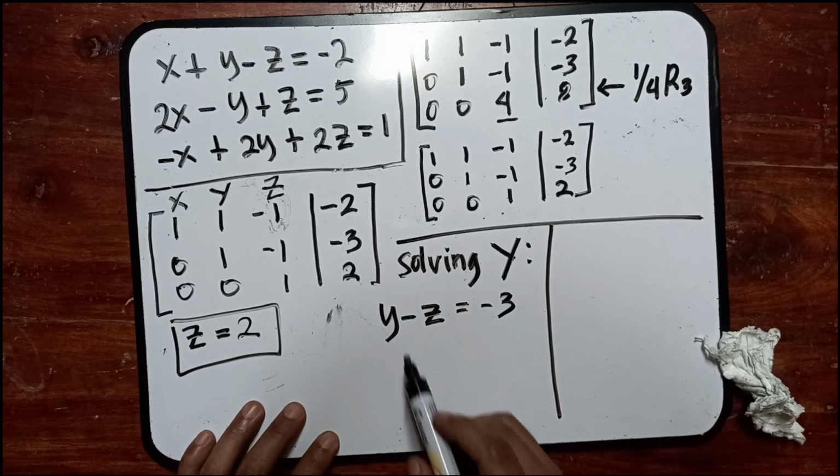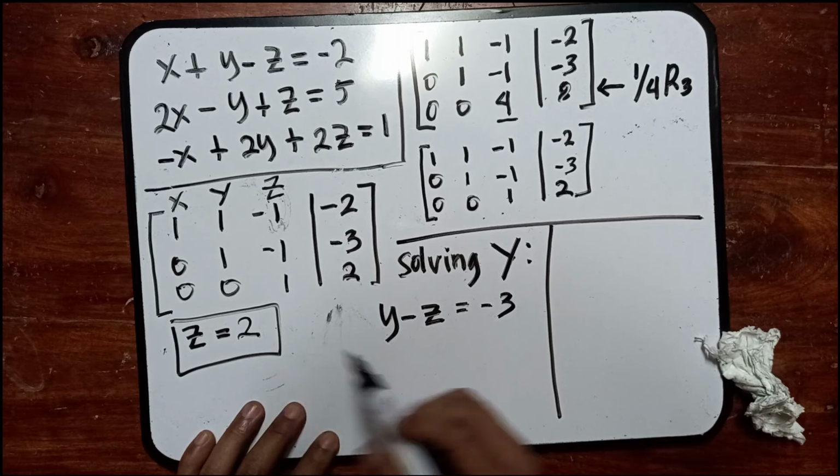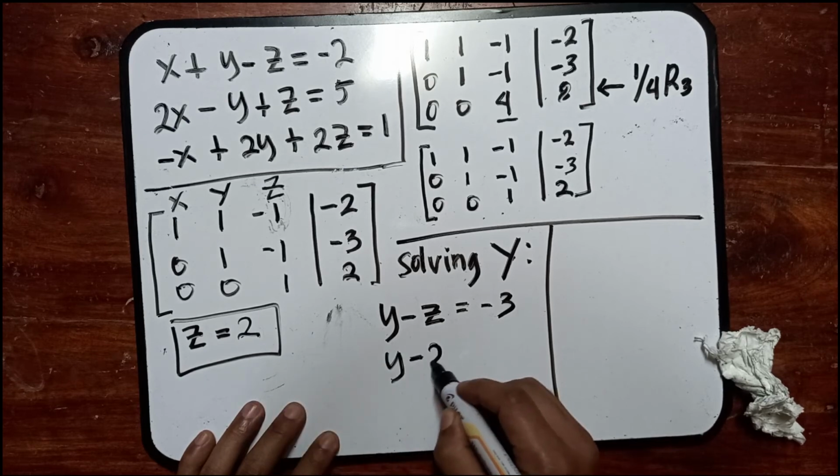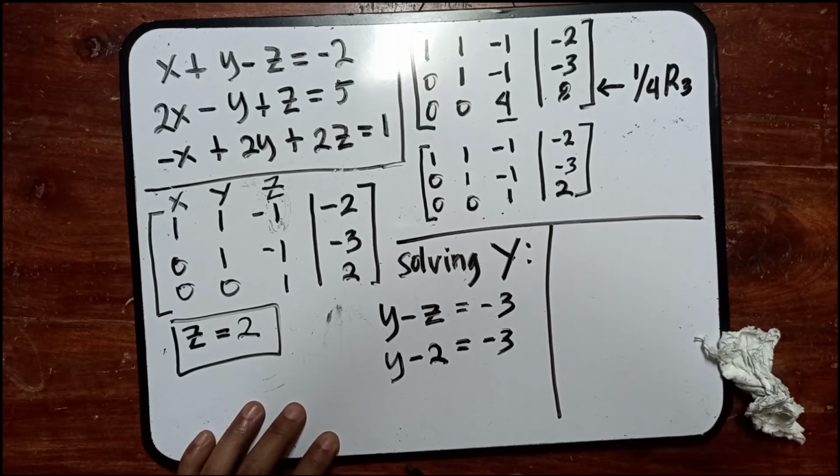Okay, and then we can substitute the value of z, which is 2. So let's write this 2, and then negative 3.